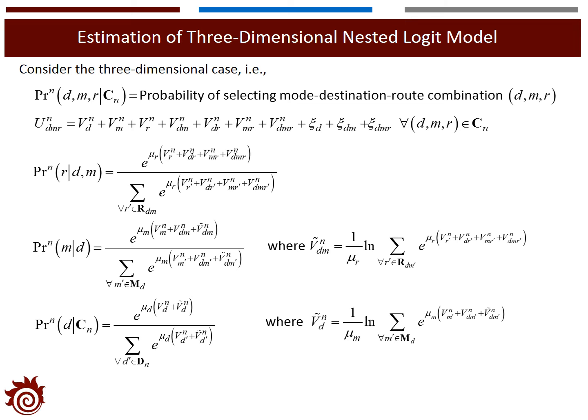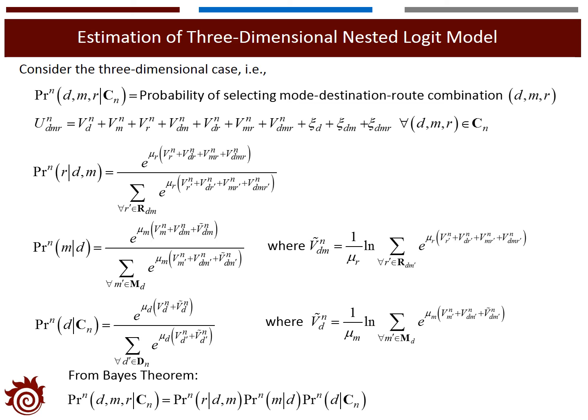For the last 2 probabilities, there are 2 log sum terms, and they contain 2 additional variables, mu R and mu M. And in the model estimation, we also need to find out the values of mu R and mu M. From Bayes' theorem, we can find that the probability of DMR, which is the joint probability, is the product of the conditional probability of R given D and M, the conditional probability of M given D, and the marginal probability of D.